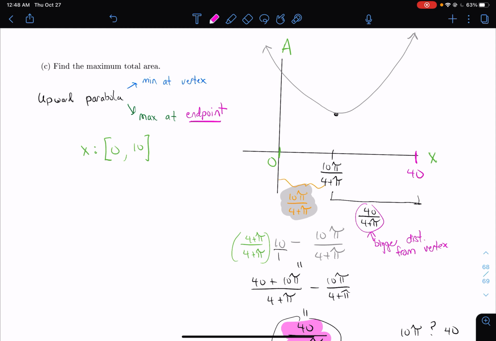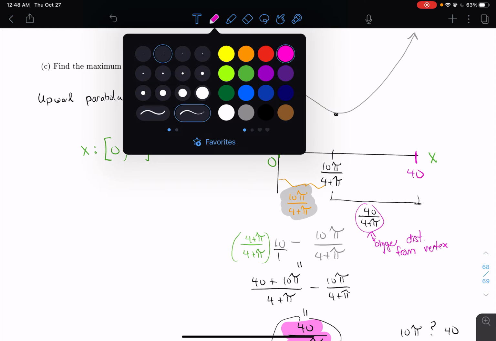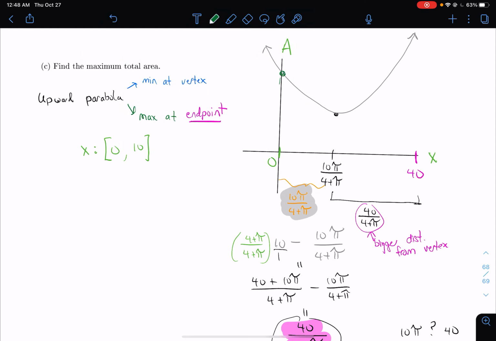So we are just looking at the part of the graph that's in between where x is 0, over here, this endpoint, all of this until I get to where 40 is. Because that point is further away, that's going to reach a much higher point on the parabola. In fact, that's where the max is going to be. So my max is happening when x is 10.